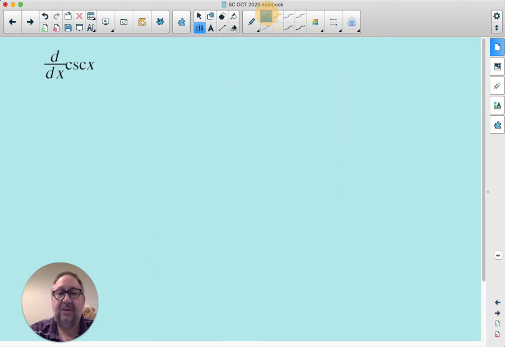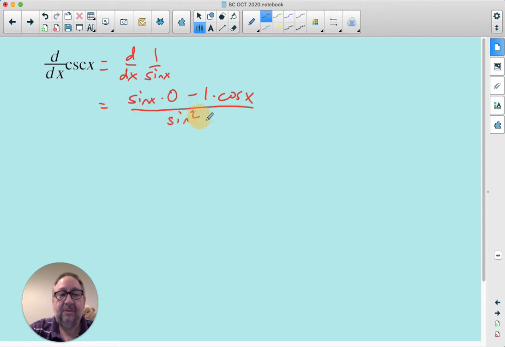Finally, the last one of these is cosecant, and cosecant is 1 over sine. So in the same way that we just did these, it's low, d high, minus high, d low, over low squared. First whole term goes to 0. This is negative cosine over sine.